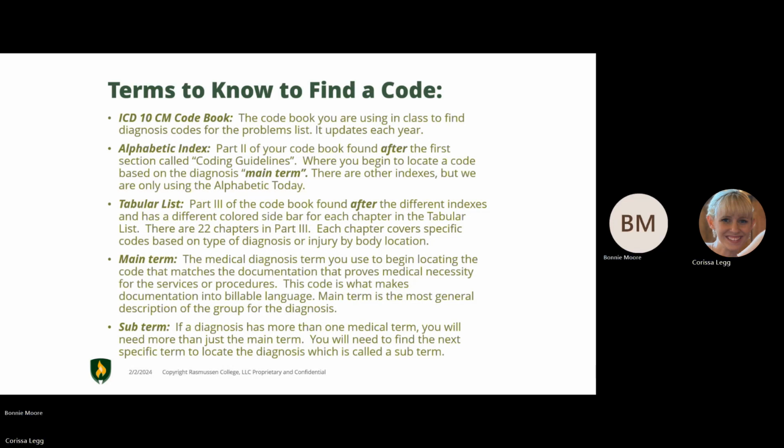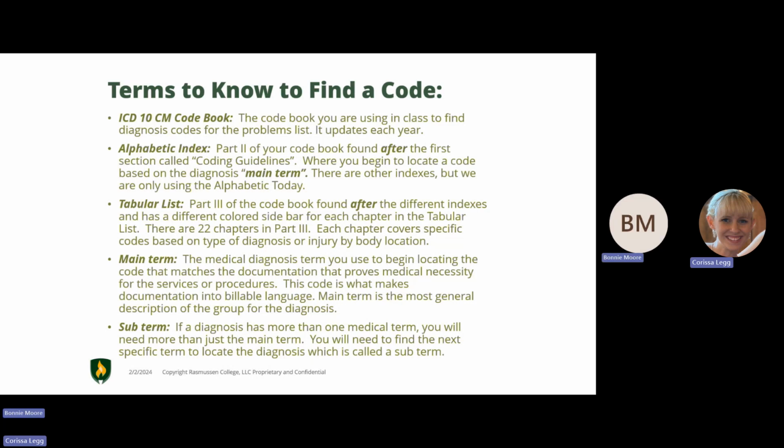Let's say you have acute appendicitis. The main general medical term is appendicitis. The acute is what we call the subterm, because if a diagnosis has more than one medical term, you need more than just the main term. You've got to get more specific.